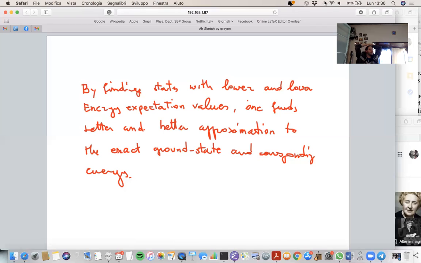Well, there is a clean answer to this. Let everyone compute the expectation value of their wave function on the same Hamiltonian, and whoever gets the lowest energy value wins, because you get the best approximation of the ground state energy and the best approximation of the ground state wave function all together.